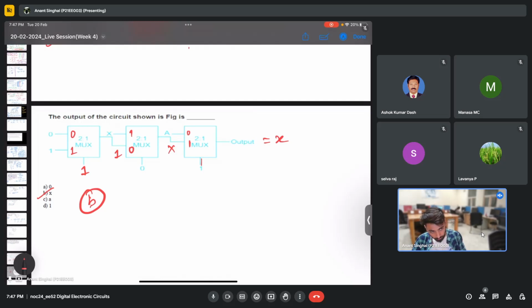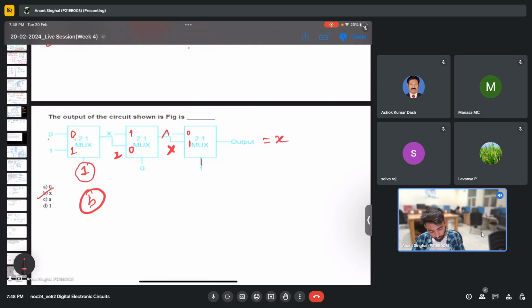Since we have a select line as 1, so we need to take 1 bar here and 1 here. So that is why I have written 0 1. And then 0 times 0 plus 1 times 1 will give you a 1. Now I have a 0 here. So I need to write 1 here and 0 here, because this is 0 complement and 0. So x times 1 plus 1 times 0 will give you a x.